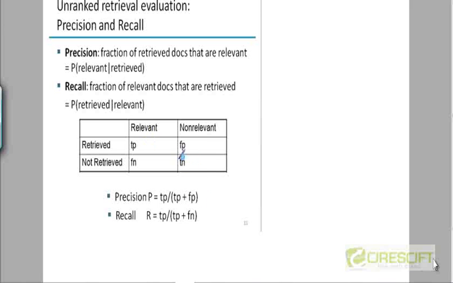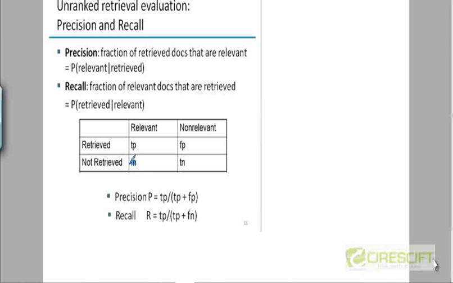Then you have something called a true negative, where a particular document may not be relevant and your search system actually detects it as irrelevant, and so it may not fetch it in the list of results. So that's called a true negative. A false positive is when you are returned a document which is actually not relevant. It's actually negative, but it comes out to you as if it's a positive case, as if it's a relevant document.